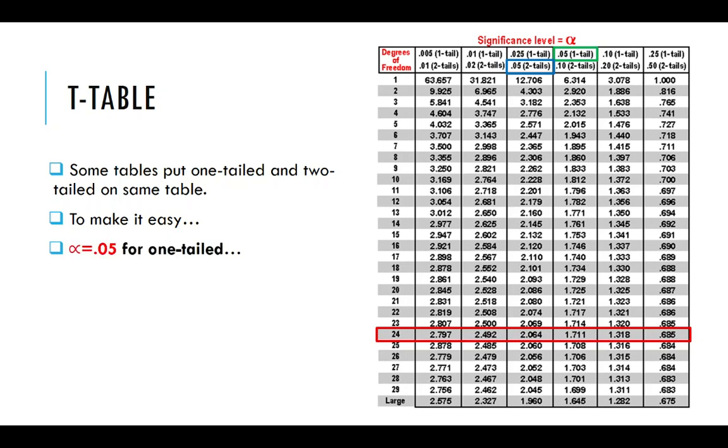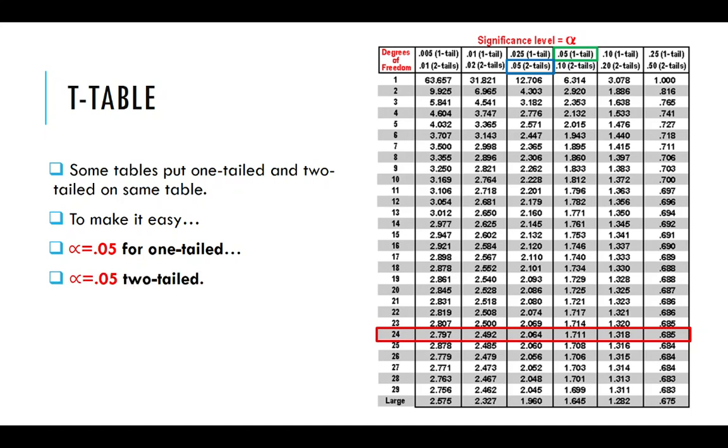So see if you can find 0.05, an alpha of 0.05 for a one-tailed test. All right, everyone looking at it? So alpha equal 0.05 for one-tailed test. Again, let's stick with our 24 degrees of freedom. Everyone agree we get 1.711?